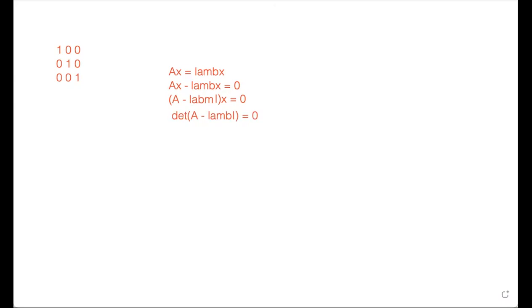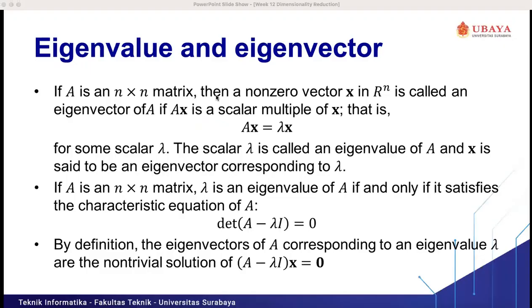We can just go to our slide again. So the determinant of A minus lambda I equals zeros. By definition, the eigenvectors of A corresponding to eigenvalue lambda are the non-trivial solutions of A minus lambda I times X equals 0.